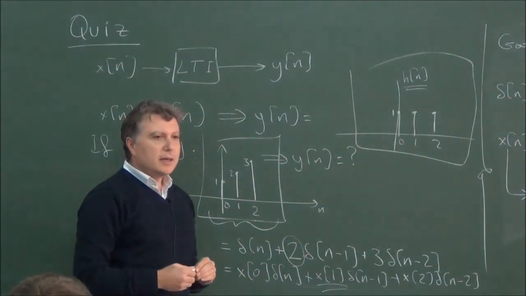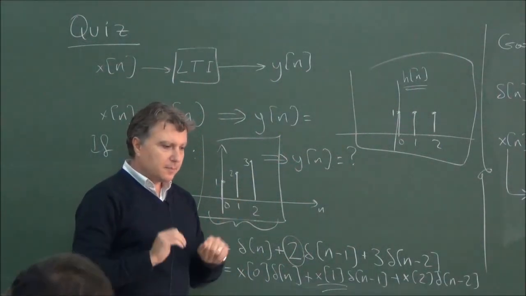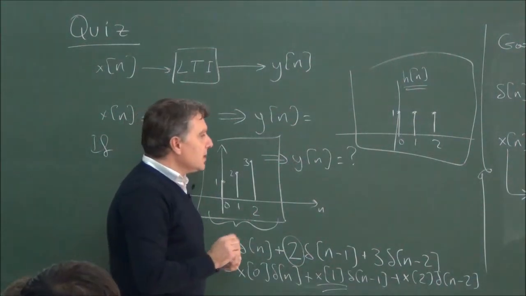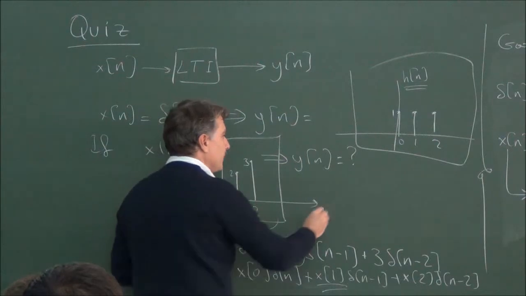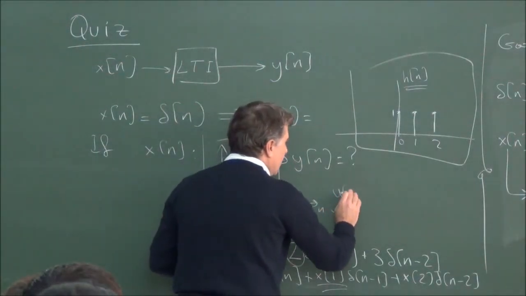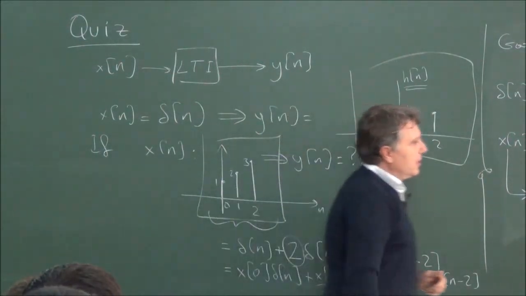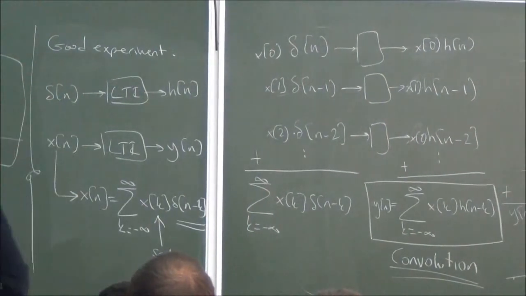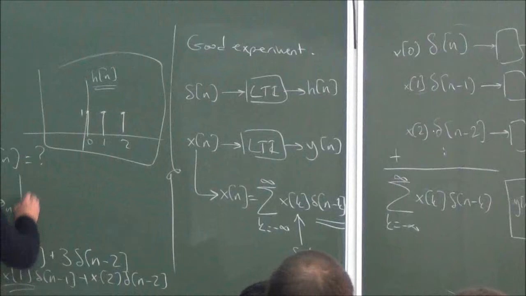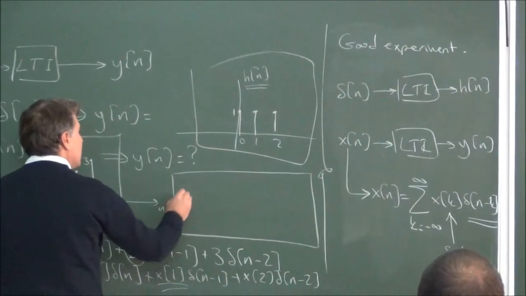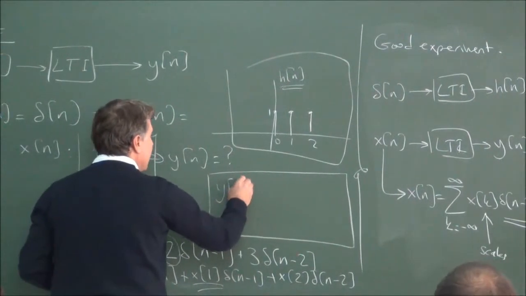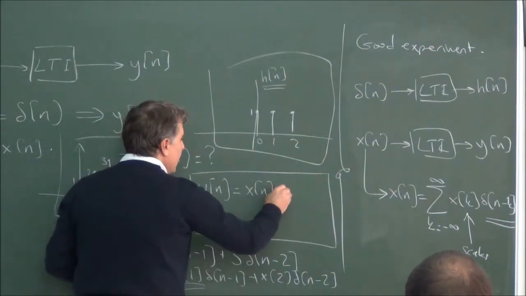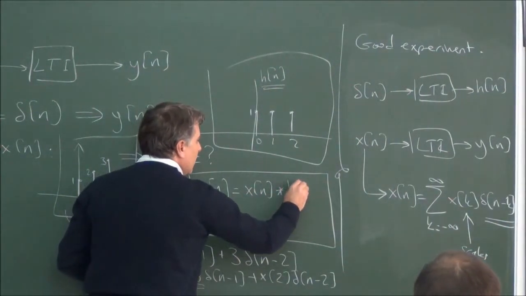There is even a nice notation for the operator of convolution. That is a single star. Maybe I should write it over there. Well, but there is more space here. Sorry, excuse me. So let me use this box. y of n is equal to the convolution of x of n and h of n.